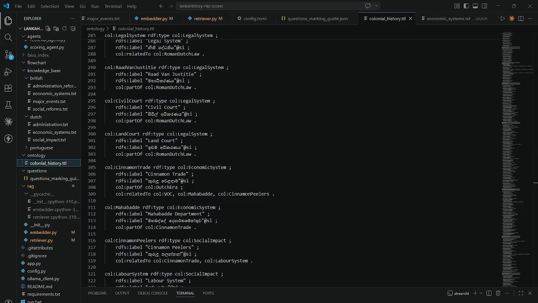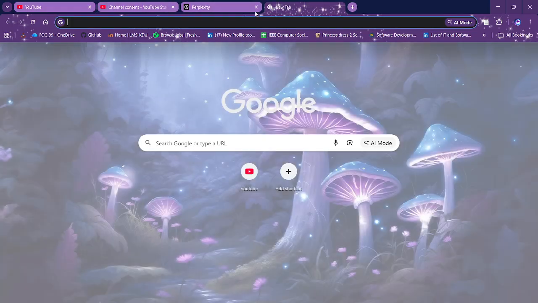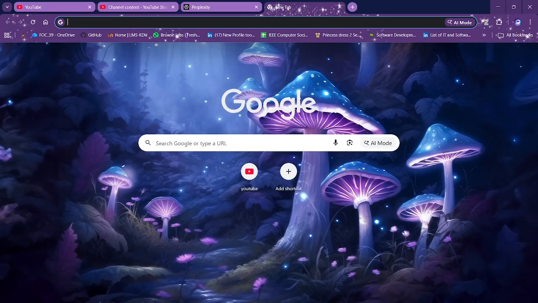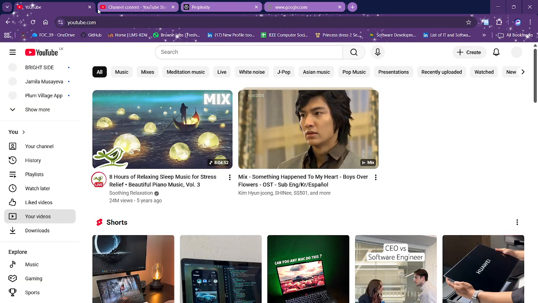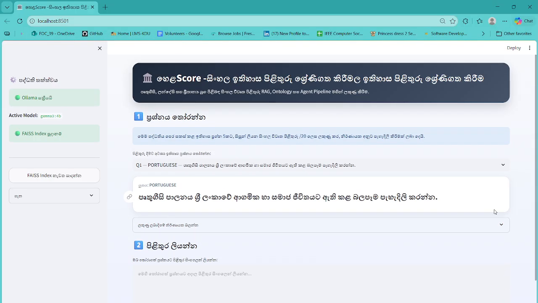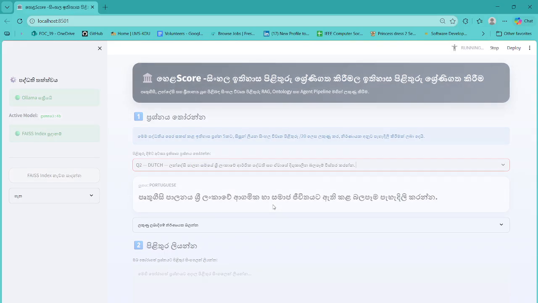Let's test our system. If I refresh this page, you can see our system is still offline. I am going to choose the economic system of the Dutch, the second question.